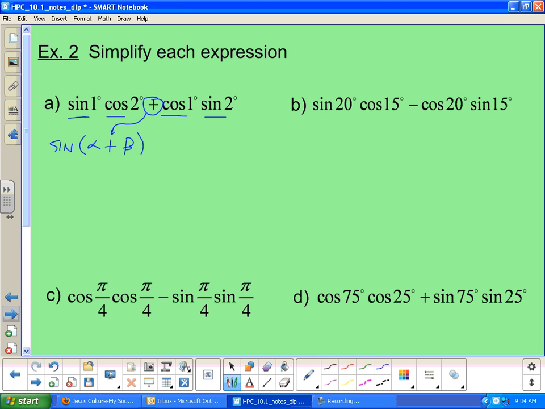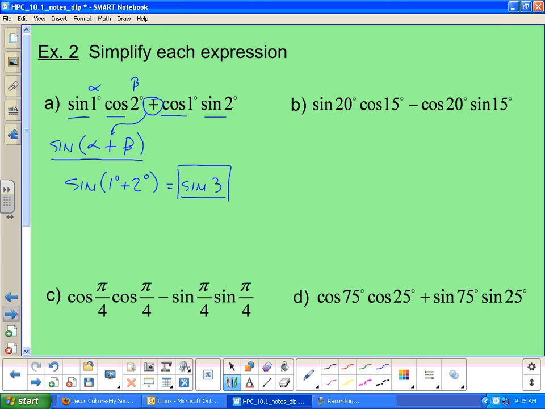So we have a situation where we're trying to equate this sine of 1 cosine 2 plus cosine 1 sine 2 into a situation where we can just simply write it as sine of the sum of these two angles. And it's really as simple as this. What's my alpha? Well, there's my alpha. There's my beta. So sine of 1 degree plus 2 degrees, sine 3. There's my solution to this.